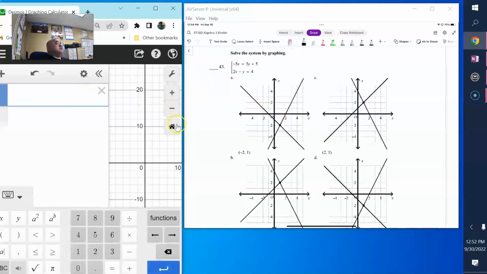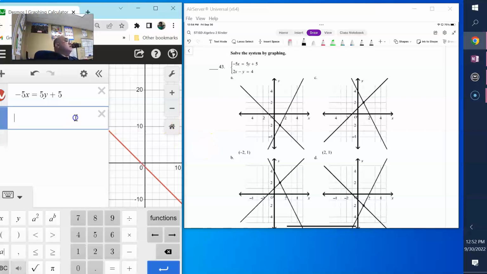We're going to type this into Desmos to solve the system. So we have negative 5x equals 5y plus 5, and then we also have 2x minus y equals 4.